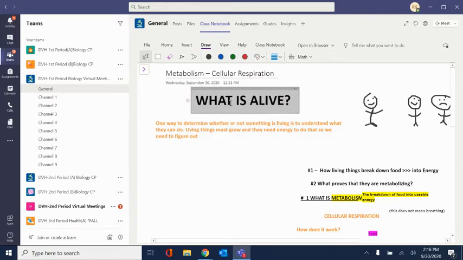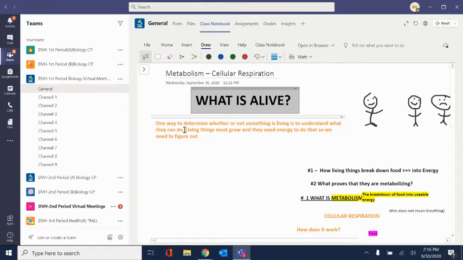So our big question is, what is alive? But our next big question is, how do we determine if something is alive? This header starts out with one way to determine whether or not something is living: to understand what they can do.